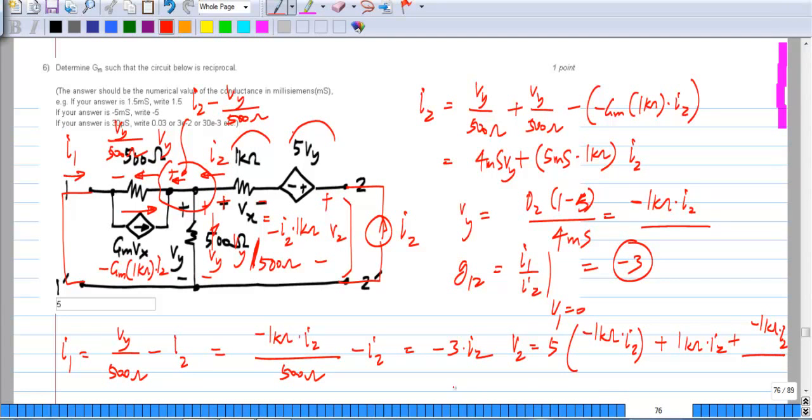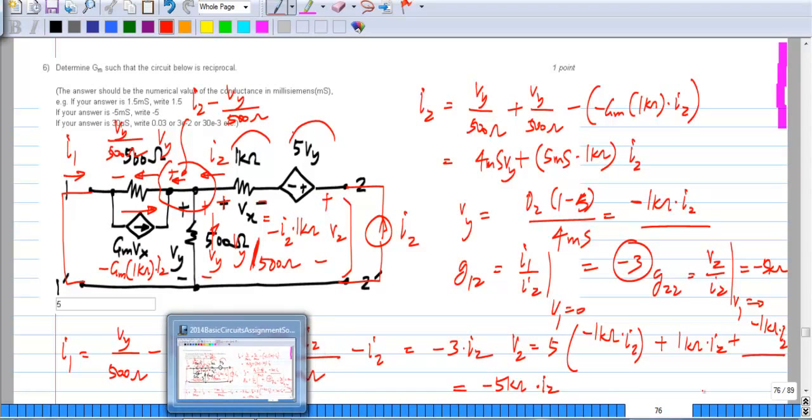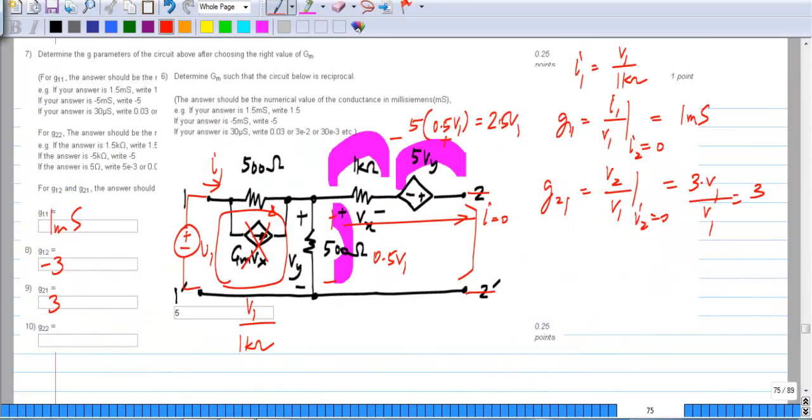So the whole thing comes out to be basically minus 5 kilo ohm plus 1 kilo ohm minus 1 kilo ohm, or minus 5 kilo ohm times I2. So G22 is V2 by I2 with port 1 shorted, which is minus 5 kilo ohms.